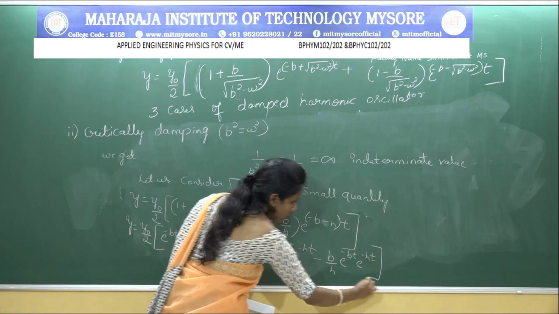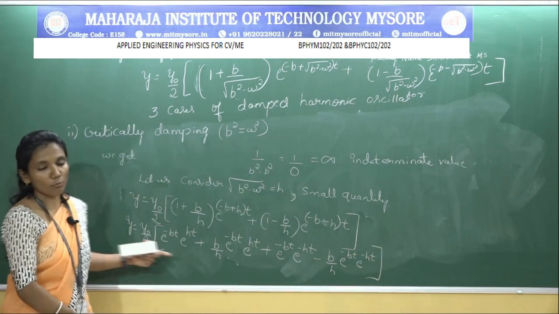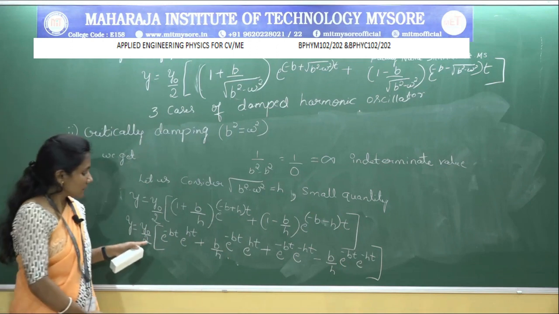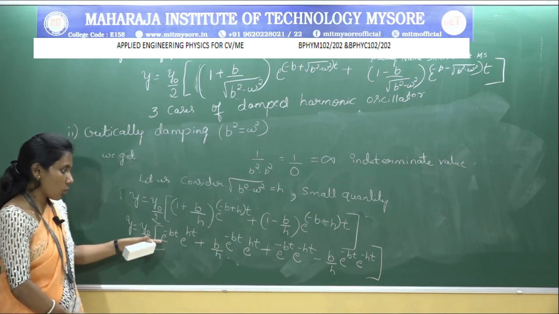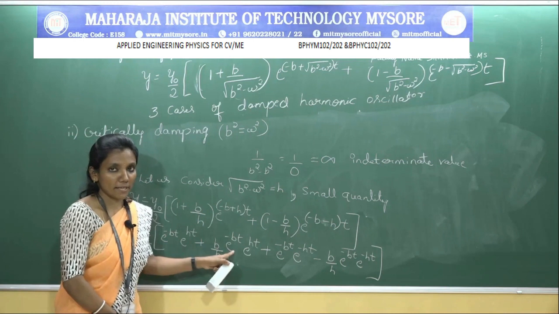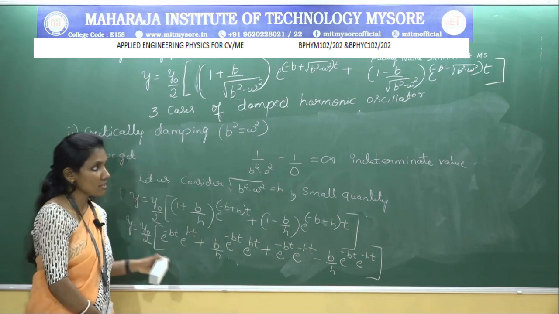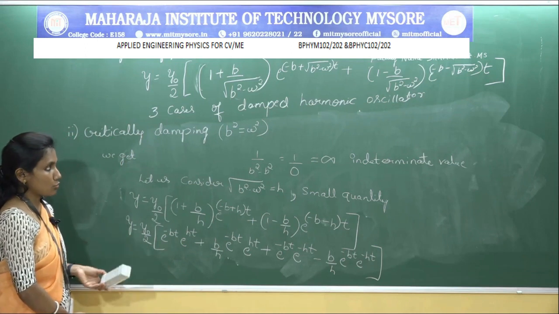Then if you observe, what is common in all the terms, we have to take it outside. Here the common term is e to the power of minus bt, so we take that outside.